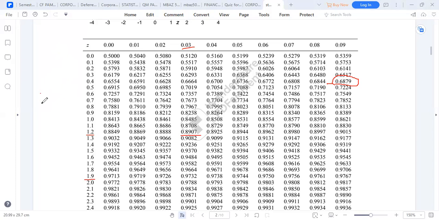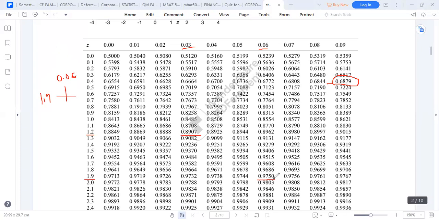So 1.96 here, got 1.9, and here 0.06, where they meet. 1.9 and 0.06 here, where are they meeting? 0.975. Correct. So we are reading from Z to P.